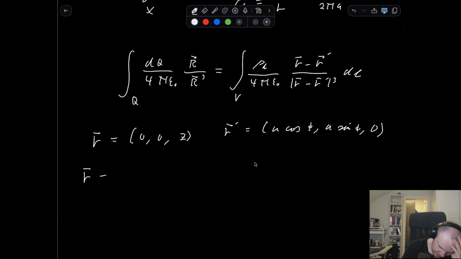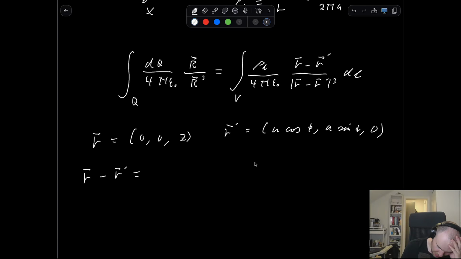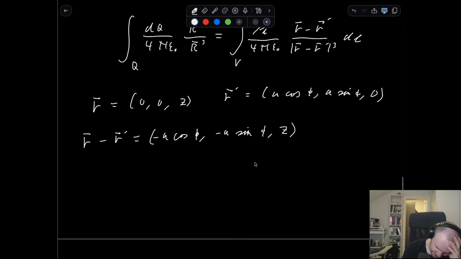Which means that the relative vector R, which is just r minus r prime, is actually just minus a cosine of phi, minus a sine of phi, then of course z, just like that. Then that integral there, that was a nice arrow, volume.